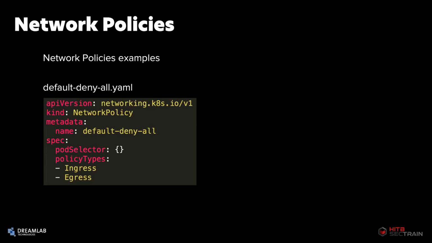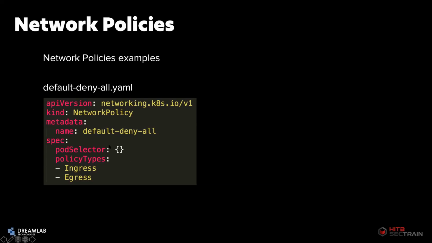So it's very good, by default, we create this policy. This will deny everything. If we deploy this network policy in our cluster, no one will be able to communicate with each other. So after that, we need to create the rules that are necessary for our cluster.